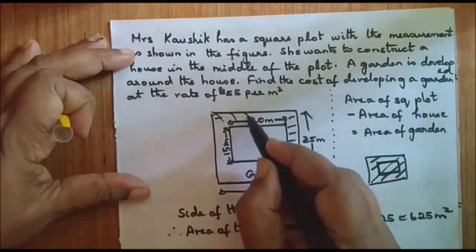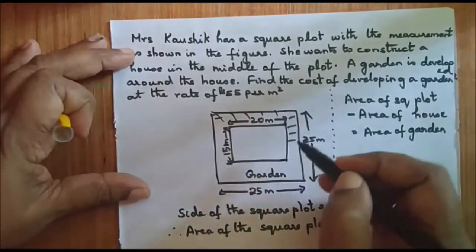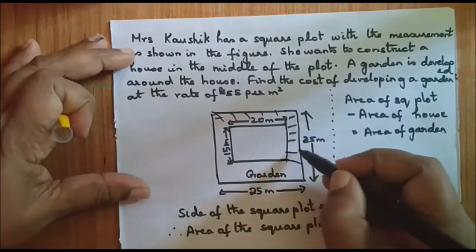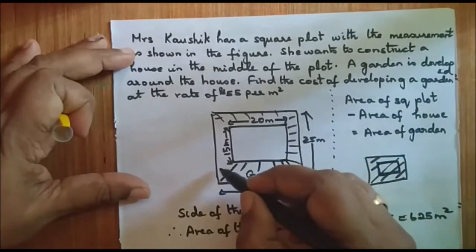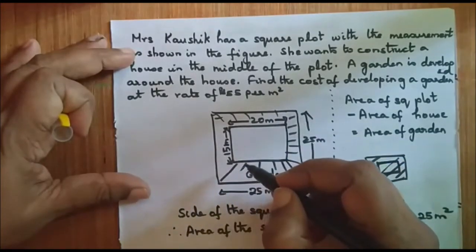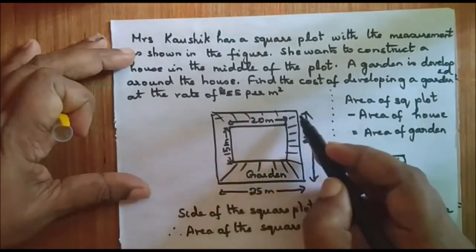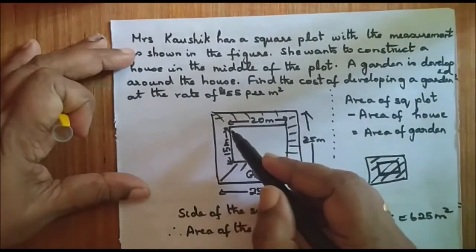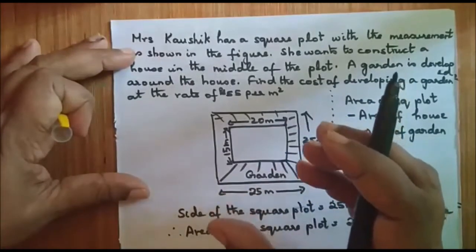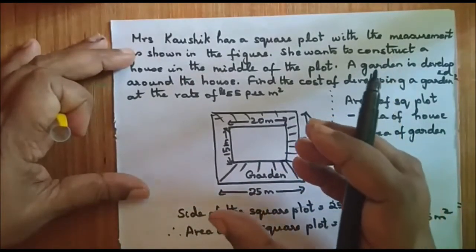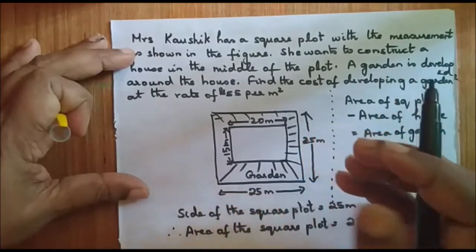The shaded portion is the garden. So to get the area of the shaded portion, I have to subtract the area of the house from the area of the square plot. I hope you understood. You will be getting such problems, so understand this concept nicely.